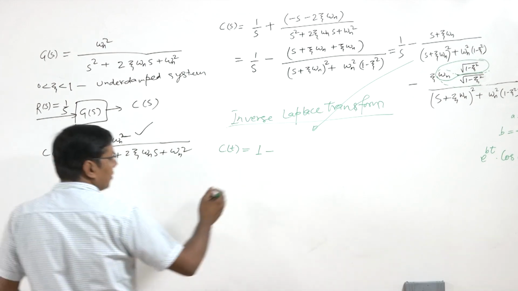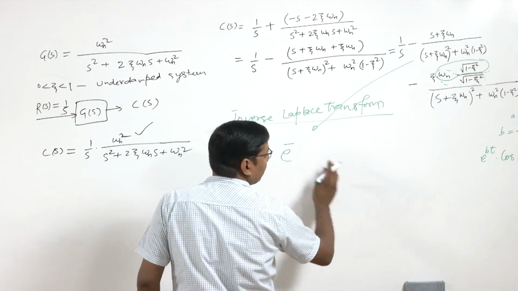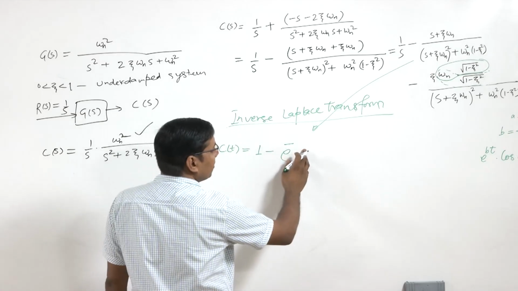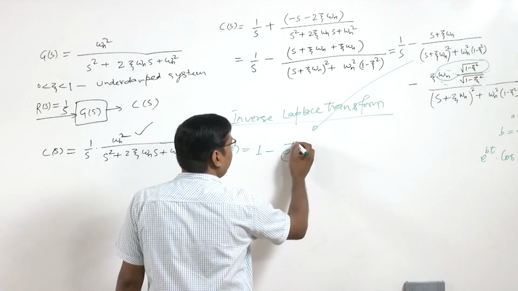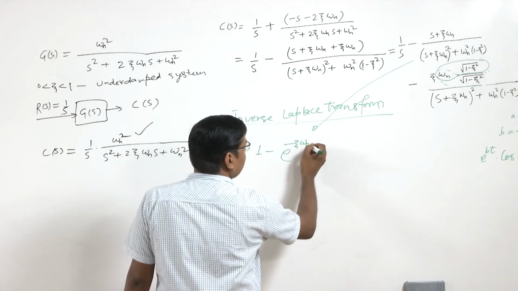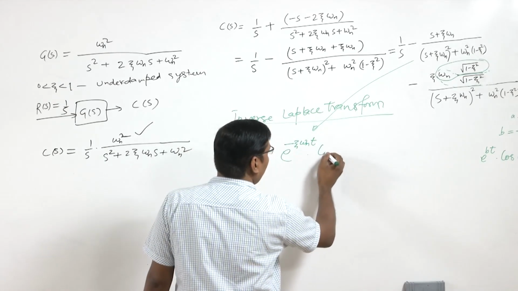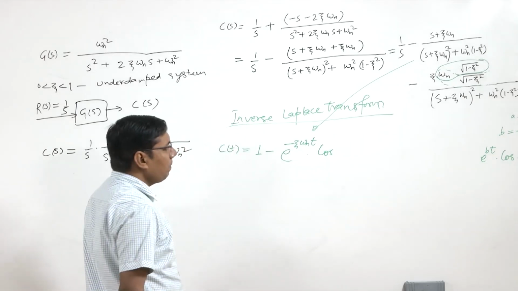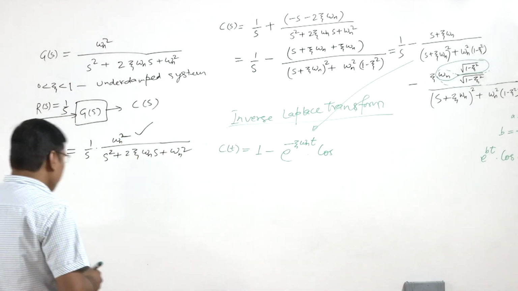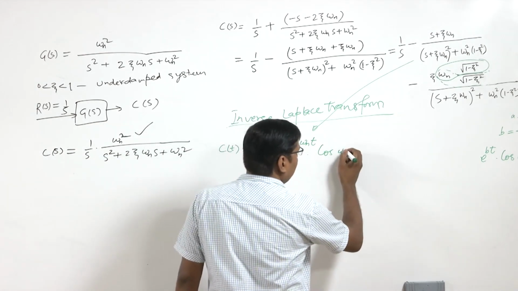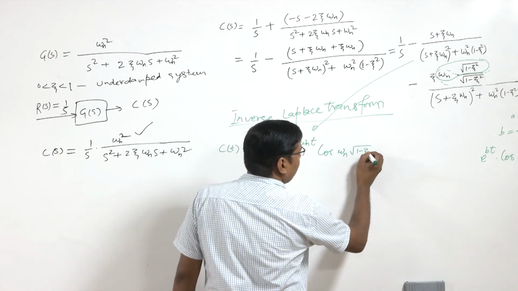So this will be 1 minus e power minus b, so b is minus zeta omega n, so e power minus zeta omega n t into cos a t, where a is omega n root 1 minus zeta square t.